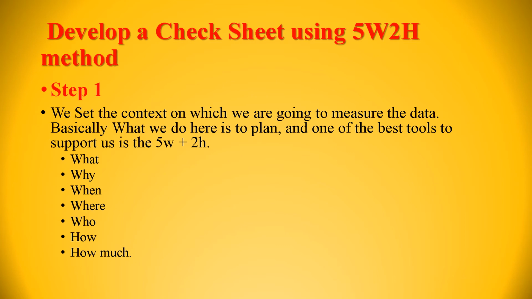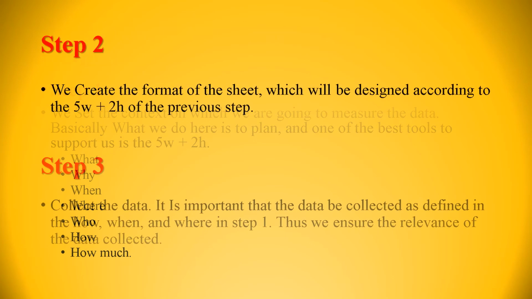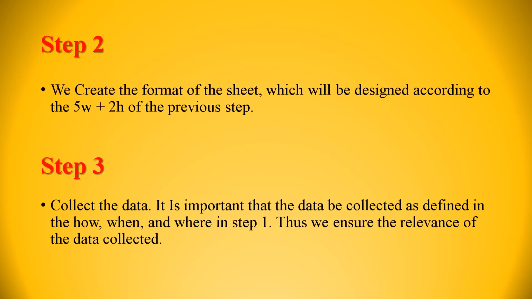If you use the 5W2H method very well, you can collect the information, then you can prepare your check sheet in a very organized way. Yes, now you have an idea about 5W2H. Now based on that, what's the next step? You have to develop a form and fill that form according to your process.